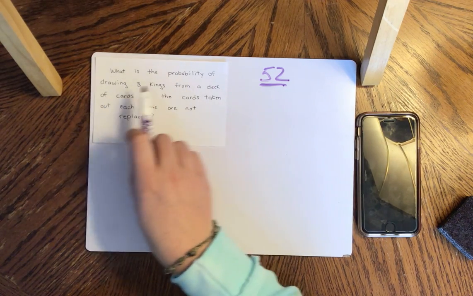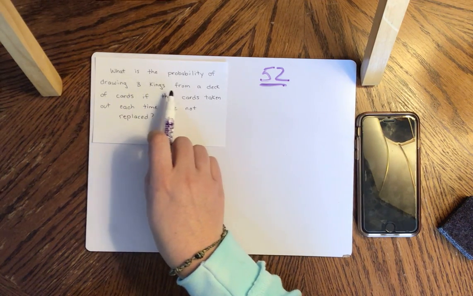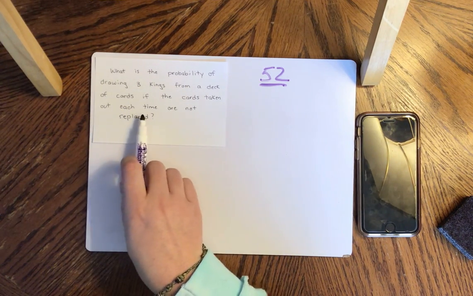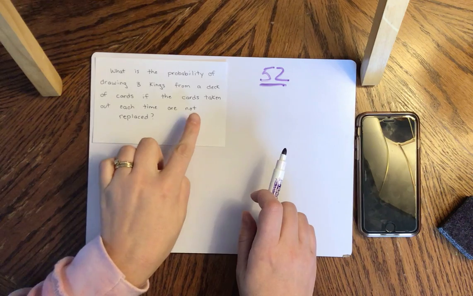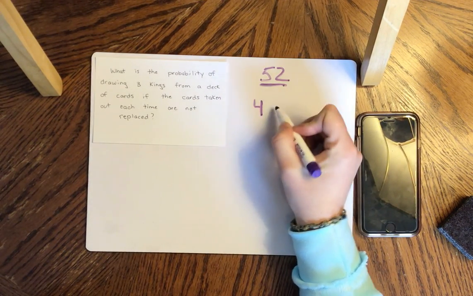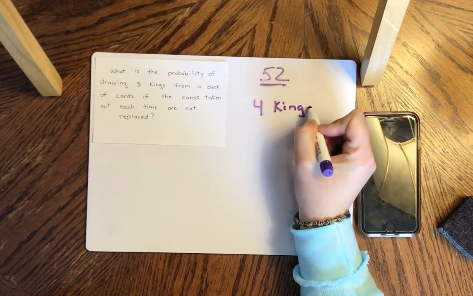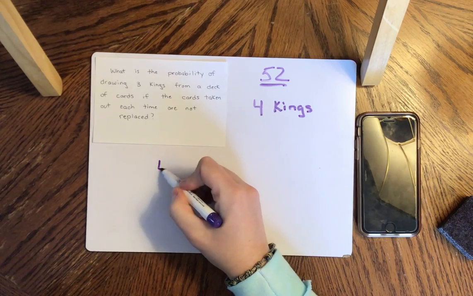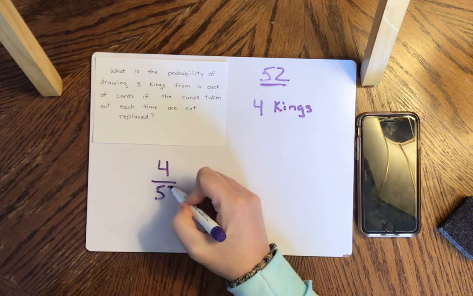What is the probability of drawing 3 kings from a deck of cards if the cards taken out each time are not, keyword, replaced? Okay, so there are 4 kings in a deck of cards. So on the first try, you have a 4 out of 52 chance.